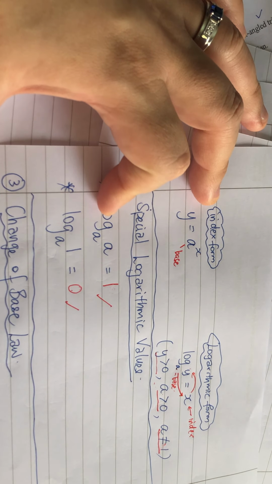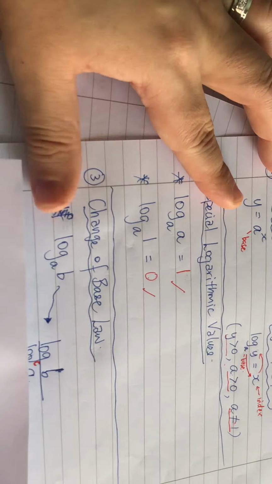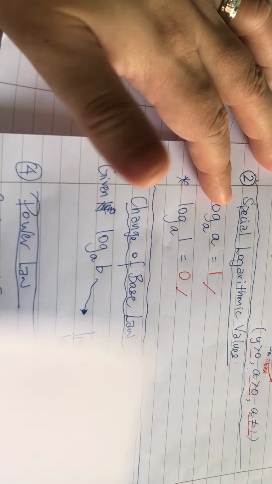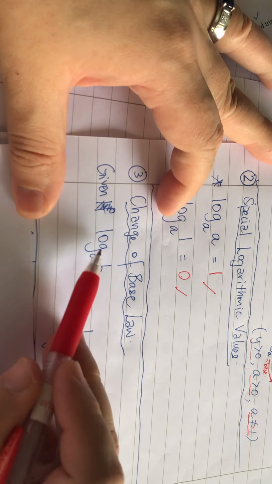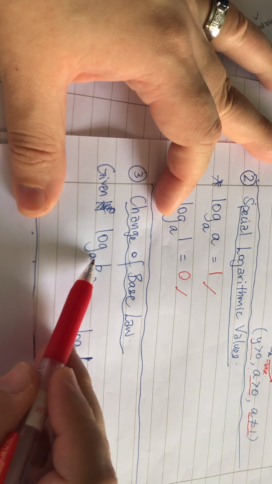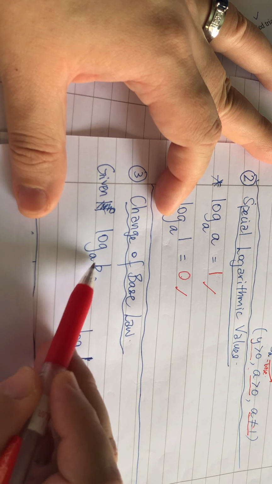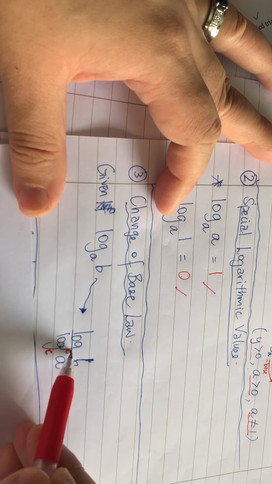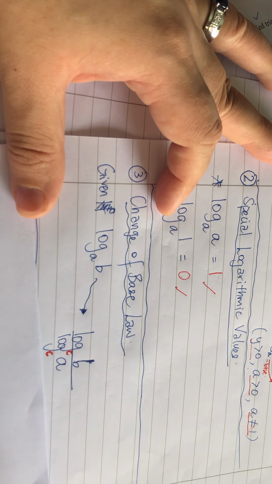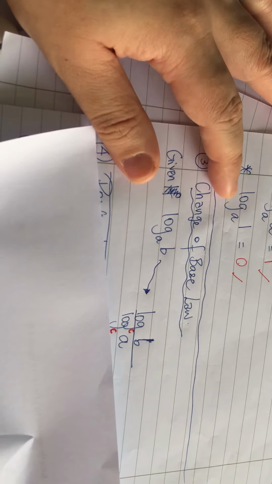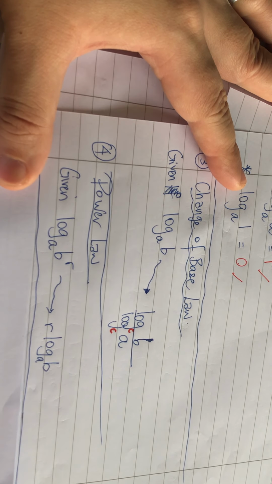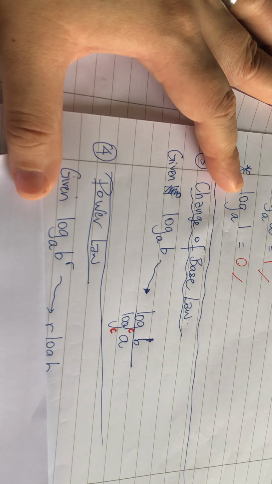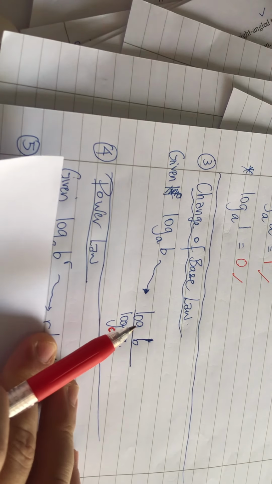And I just revised with you change of base. Let's say you are given log of b to base a, and you don't like this base a because it doesn't help you to solve the question. You can change it to base c. That's what we did. Now the next one we're going to explore is what we call the power law. We did that when we were doing the question yesterday.